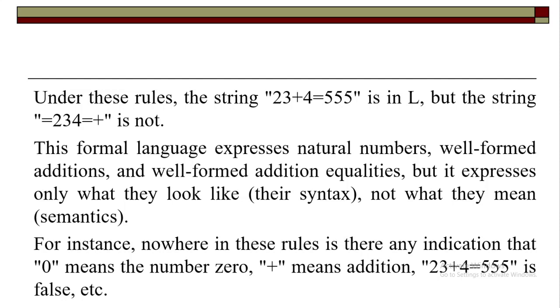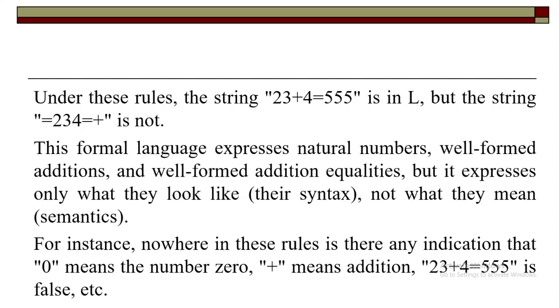But here we can write as shown in the example above. For instance, nowhere in these rules is there any indication that 0 means the number 0, plus means addition, and 23 plus 4 equal to 555 is false.